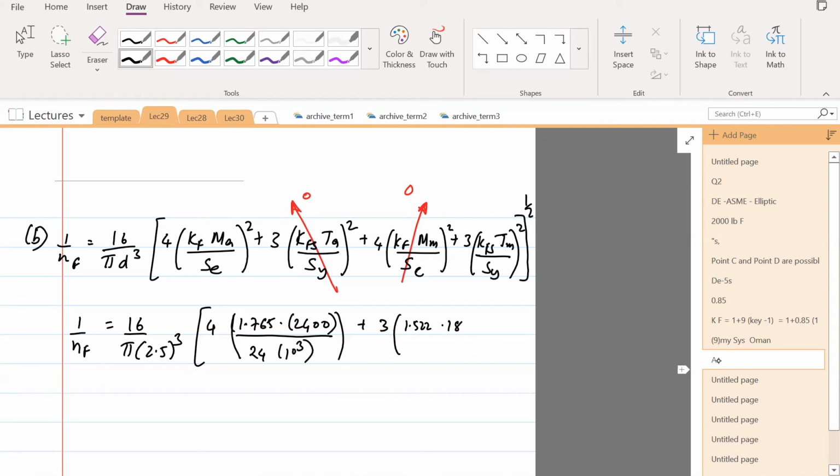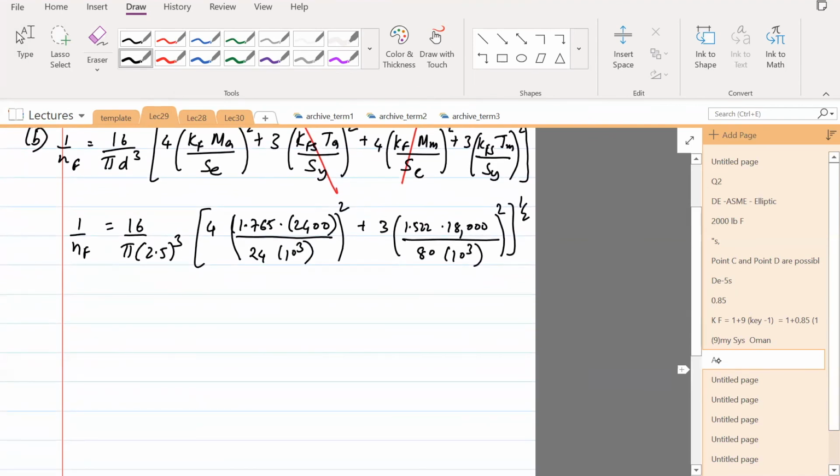TM is 18,000. SY is 80. Square here. Okay, the whole thing comes out to be 0.2257, but we need to put the inverse of that.